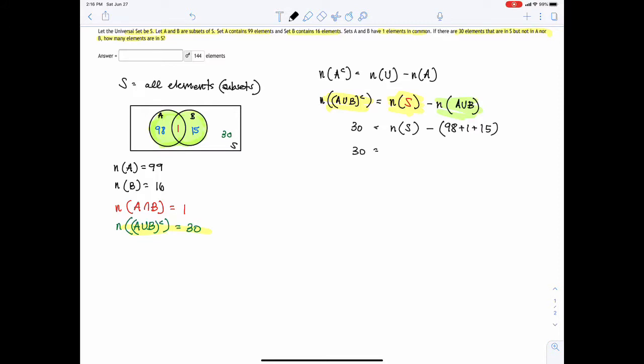So then we get 30 equal to n of S minus 114. And then if I add that over to the right side, I get the cardinality in the entire universe is going to be 144.